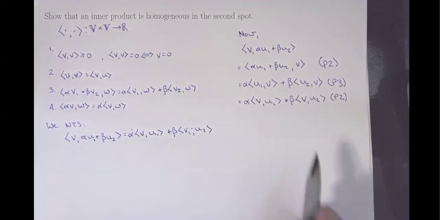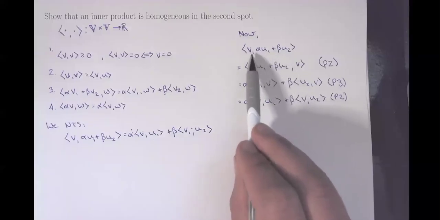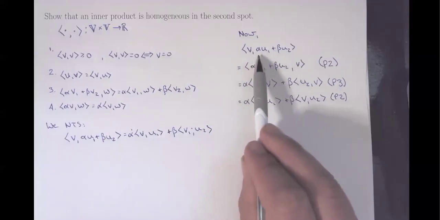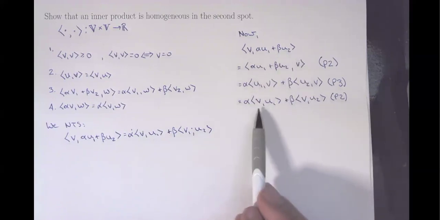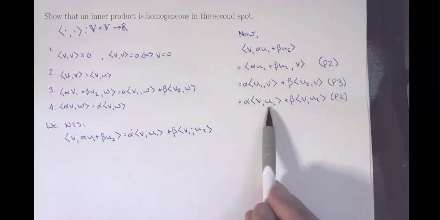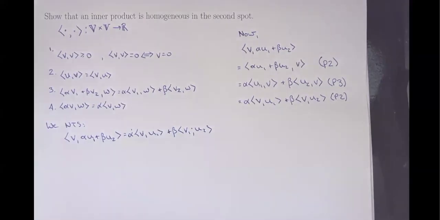And so this gives us exactly the equality that we need, that the inner product of V with alpha U1 plus beta U2 is equal to alpha times the inner product of V with U1 plus beta times the inner product of V with U2. So that's exactly what we have there.